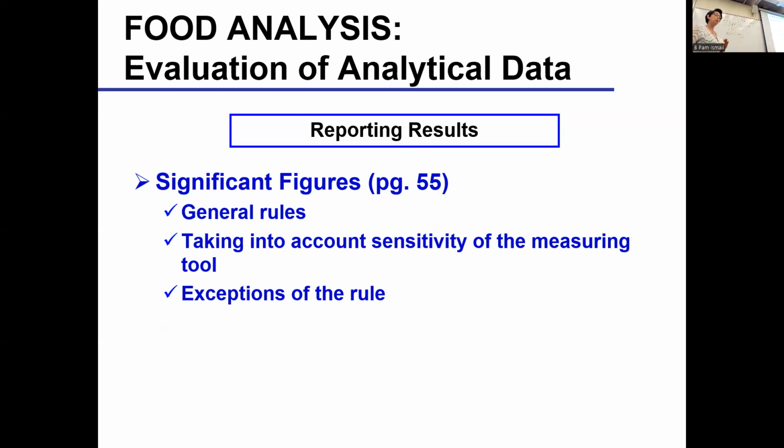So in the lab, you'll be using different balances. You will be using different tools like mechanical pipettes, graduated pipettes, volumetric pipettes, and all of them are accurate to a certain decimal point. So this will help you in determining how many significant figures you're certain of and utilize that in your final answer.